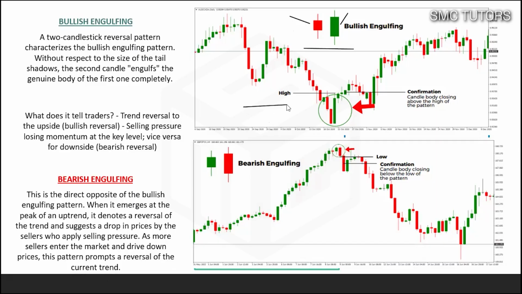Like the example we have here, price was on a downward movement and we got to a certain point where we have the candlestick pattern, the green candle totally covering the body of the red candle.